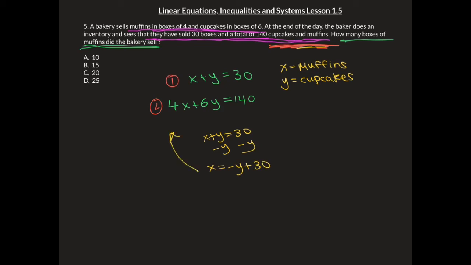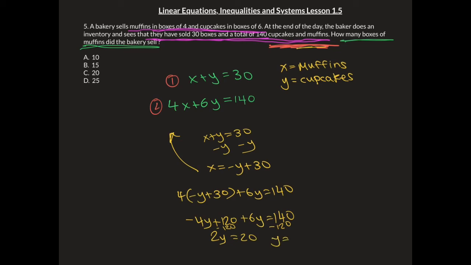So we've got 4 times x, which is now minus y plus 30, plus 6y equals 140. Minus 4y plus 120, plus 6y is equal to 140. And now 2y, and then you're going to subtract 120 from both sides. 2y is equal to 140 minus 120, that'll be 20.